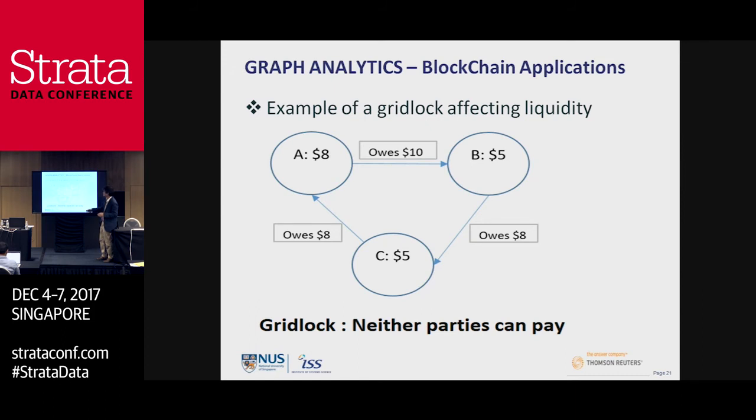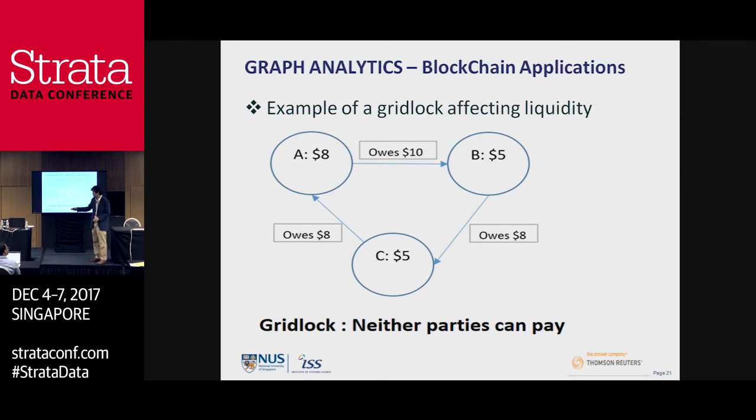It owes B $10, but C owes A $8. Logically, A should definitely be liquid. A would actually have a net position of $6, okay? But it's not able to pay B because it's only $8. It cannot effect a $10 payment to B right away.